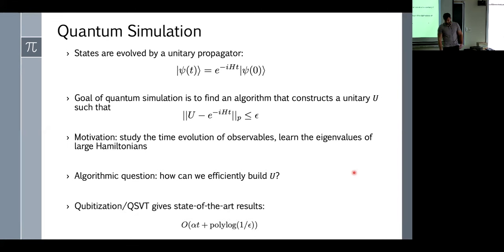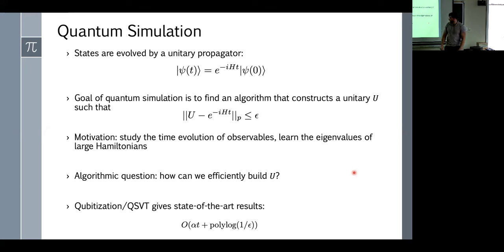The algorithms, as Sophia mentioned, qubitization or the quantum singular value transformation, give the following state-of-the-art complexity, which is linear in time, and this alpha is called the coefficient one-norm of the Hamiltonian, which you can think of as sort of like an energy scale of the problem, plus some logarithmic overhead in the precision as well.